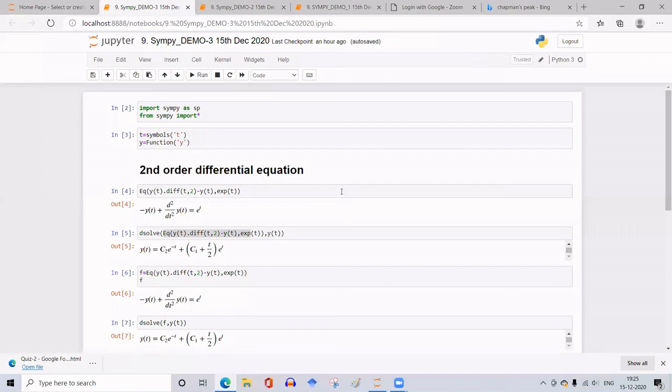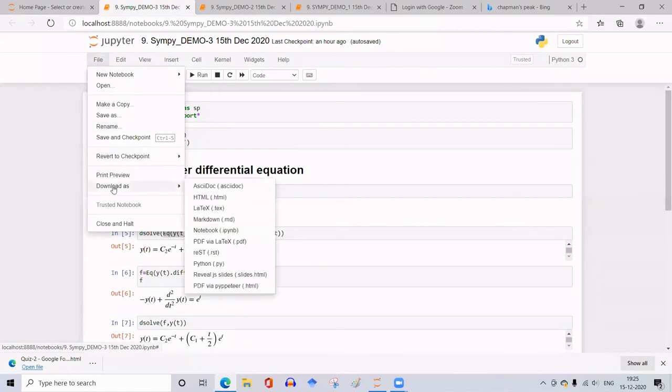And that also gives you an opportunity to solve them in the Jupyter notebook. So you work them out in the Jupyter notebook, get the answers, and then just download that and send it to me. You can download it either as HTML or even as a notebook, .ipynb.